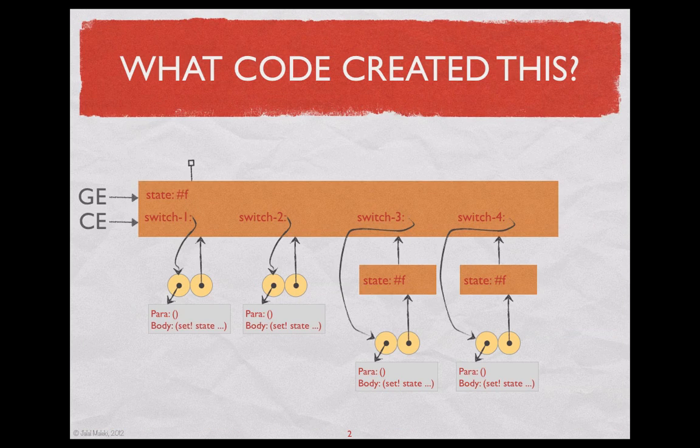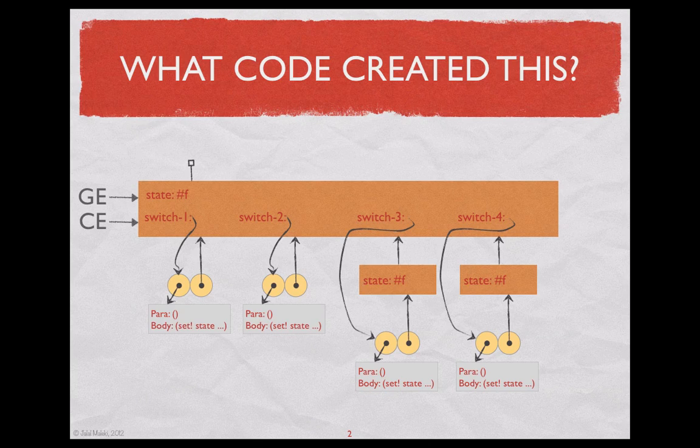Look at this particular state of affairs, which is an environment diagram, and I want to show you how such a diagram is created. What we see here is a variable called state in the global environment. It has a value false. And then we have two switches that could change this particular state, switch 1 and switch 2.